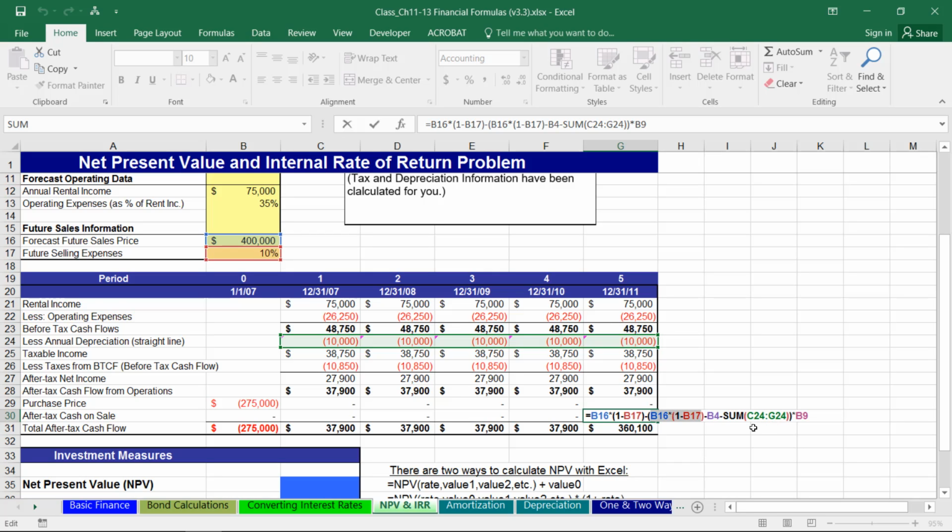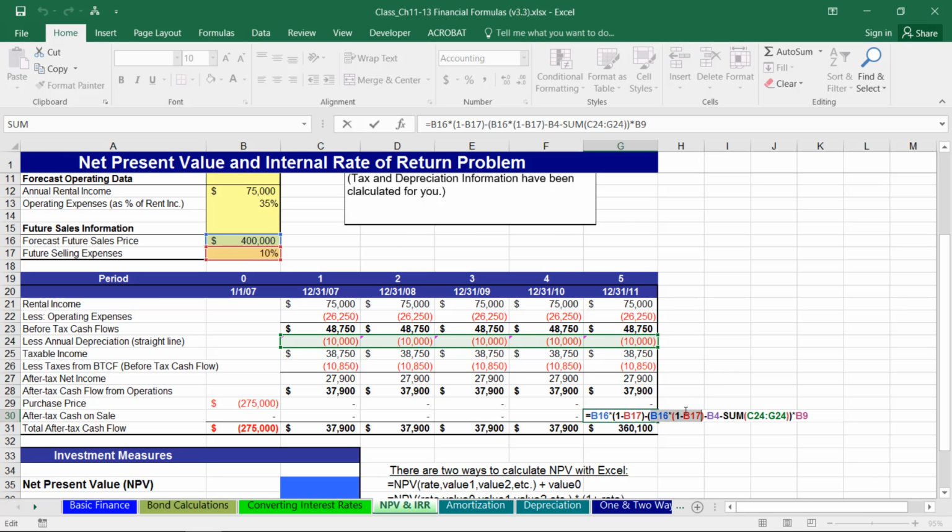And then we minus C24 through G24. Well, row 24 is our depreciation. So we're summing those up. We call this recapturing depreciation. We do have to pay taxes on depreciation at the end or the sale of the property. Why am I subtracting it? Because these amounts happen to be negative here in this table.